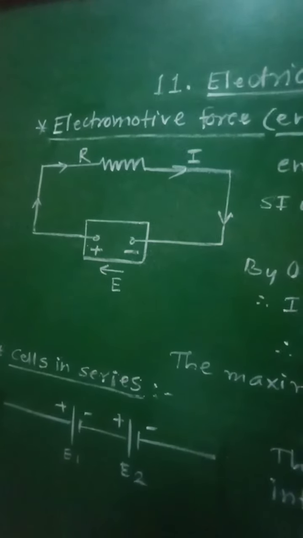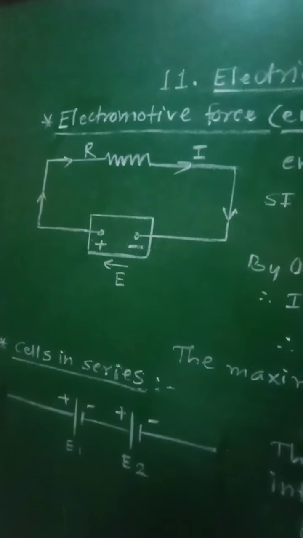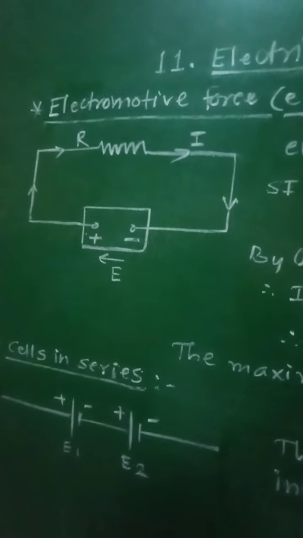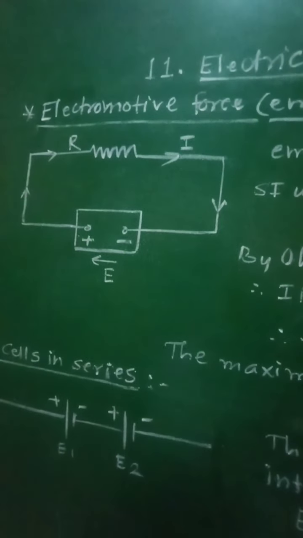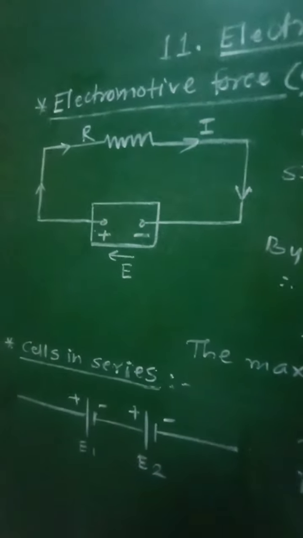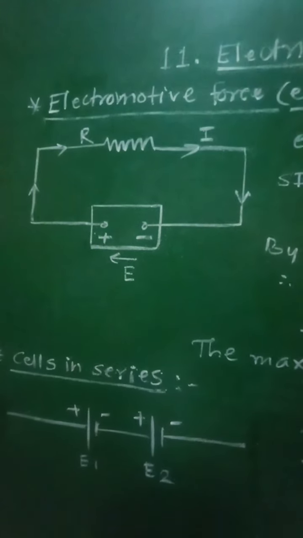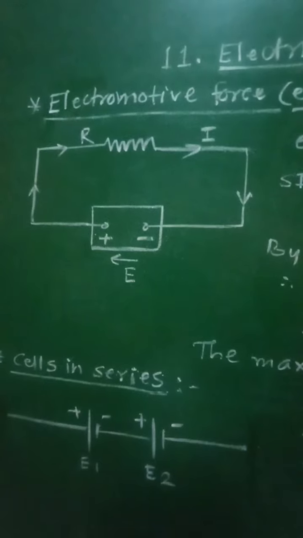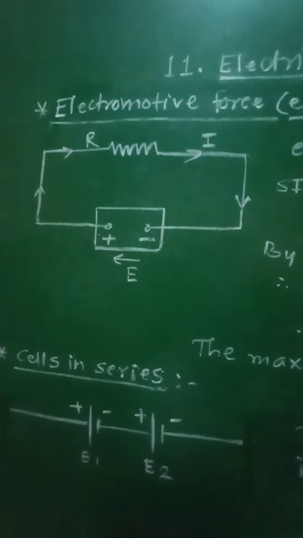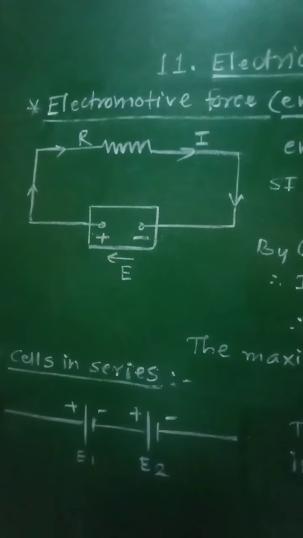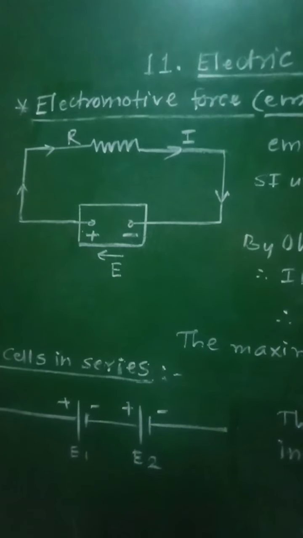And then there is no internal resistance of that device, the maximum current will be set up in that circuit, and there is no internal resistance to the motion of charge carriers.